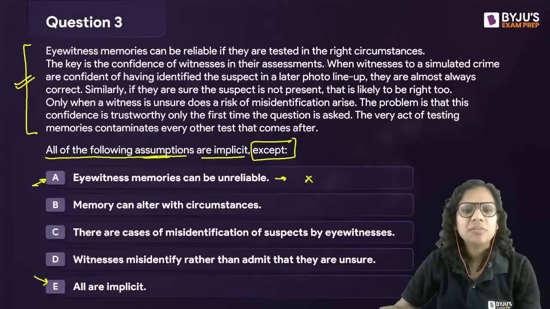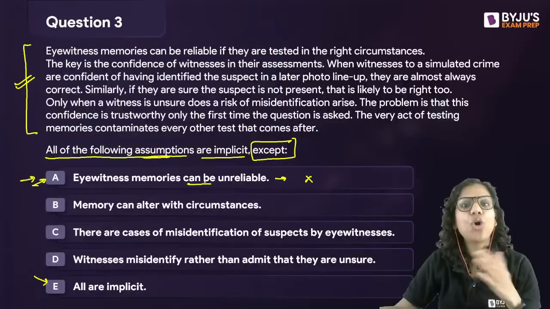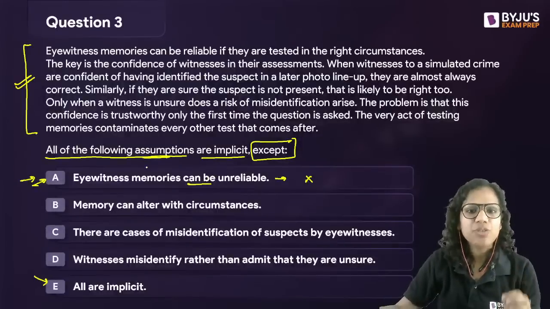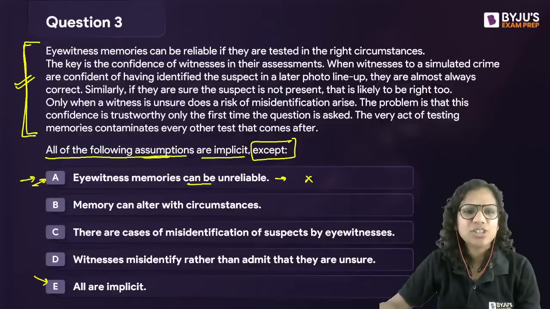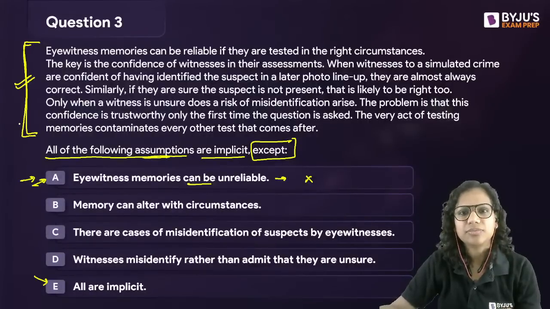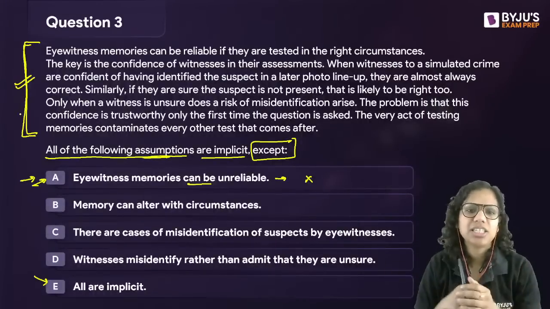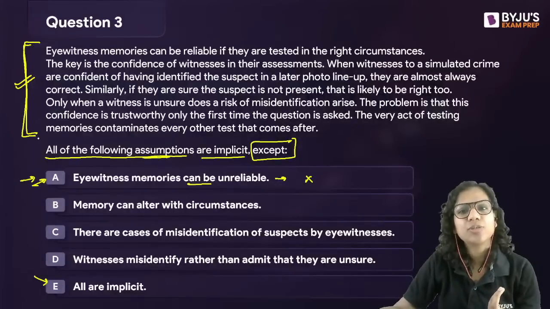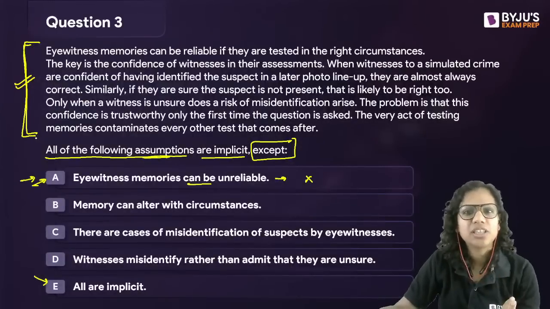So let's see the opposite of it. Eyewitness memories cannot be unreliable. That means eyewitness memories are always reliable. If I say that, then does it make sense to have this discussion? If eyewitness memories are always reliable, then this entire discussion becomes pointless. When are they reliable? When they are not reliable?